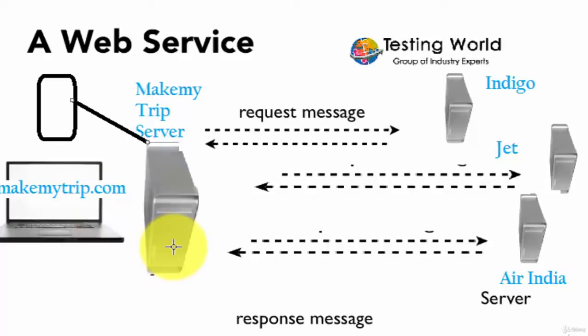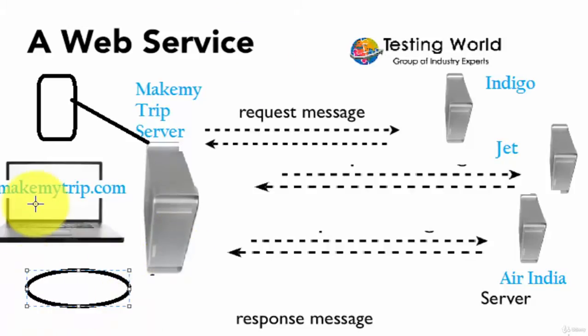So the advantage is, now it could be any number of devices, any different kind of application which are using this web service behind the scenes. So again, in future, if we get a few more devices and we have to generate an application for these devices, like in future we are using smartwatches, and Make My Trip wants to launch their application for the smartwatch as well.